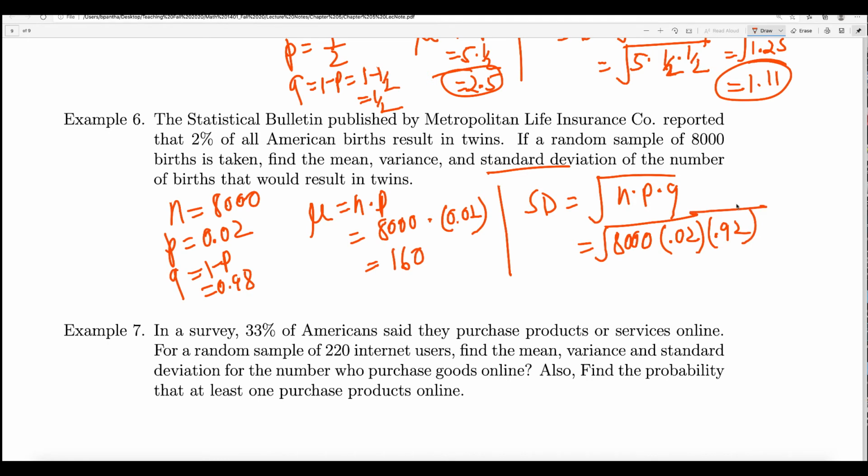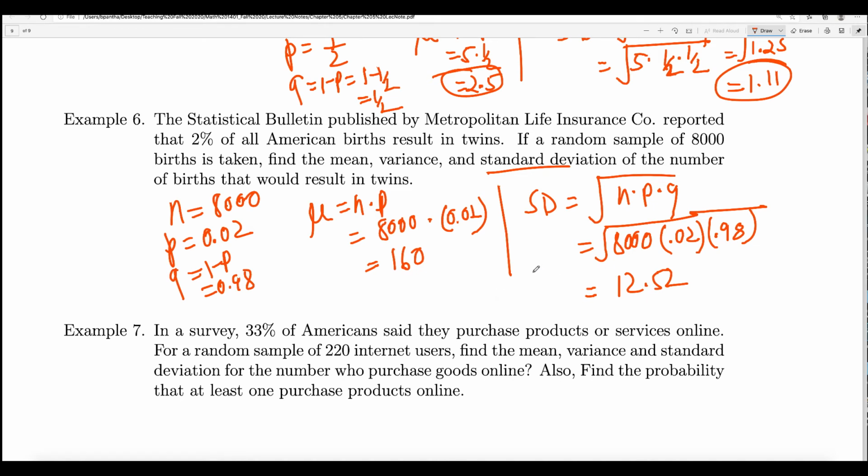If you use a calculator for this, you will get 12.52. 12.52 is the standard deviation.